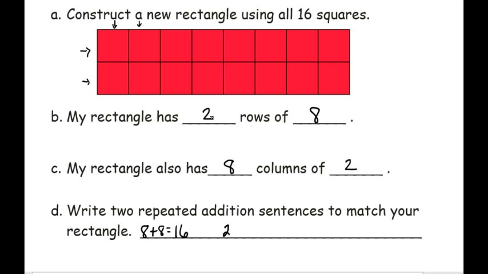Or I could write 2 plus 2 plus 2 plus 2 plus 2 plus 2 plus 2 plus 2, which also equals 16, and that's counting the columns that have 2 squares in each, and there are 8 columns. So even though both repeated addition problems are referring to the same rectangle, one is counting rows and the other one is counting columns.